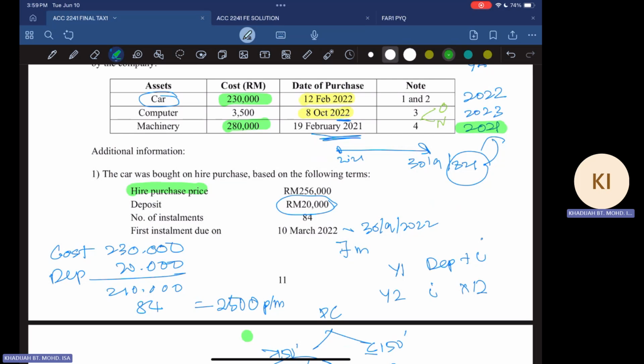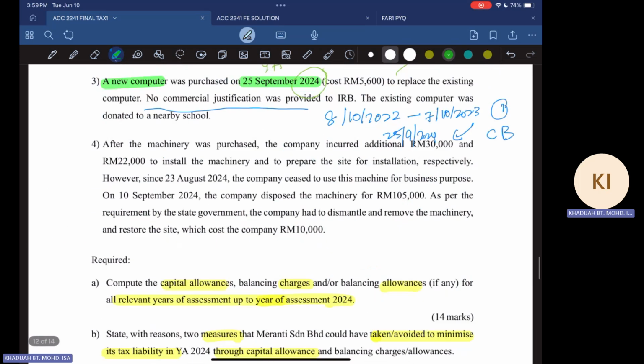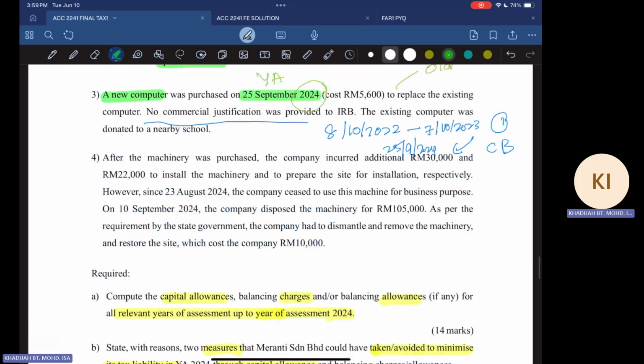So be careful with the year end so that you know which YA you are referring to. So when you acquire the asset in YA 2021, the cost is 280,000, but you incur an additional 30,000 ringgit and 22,000 for the purpose of installation and preparing the site for the installation.